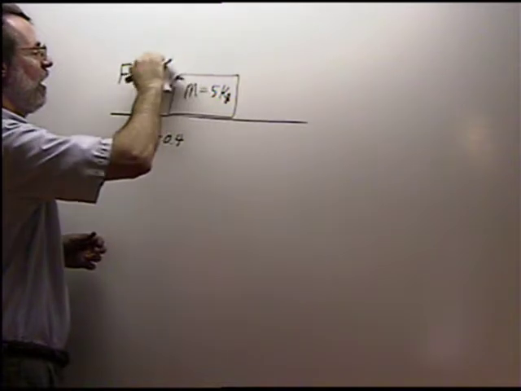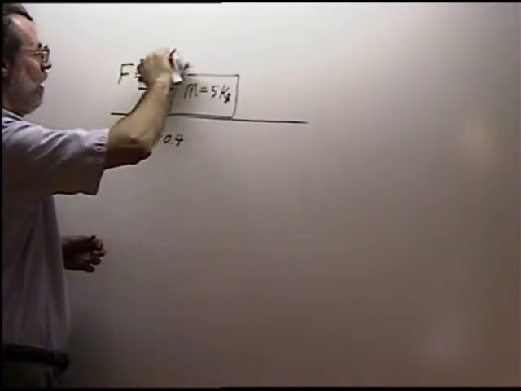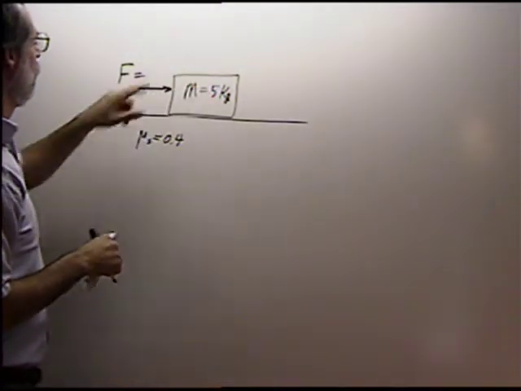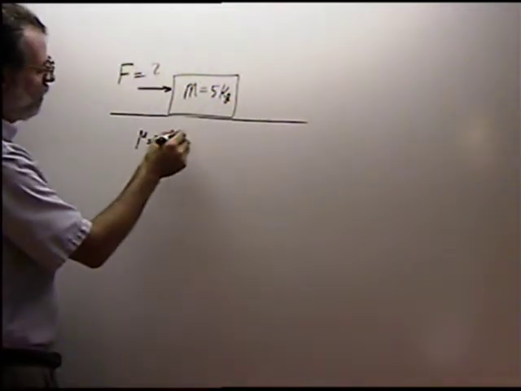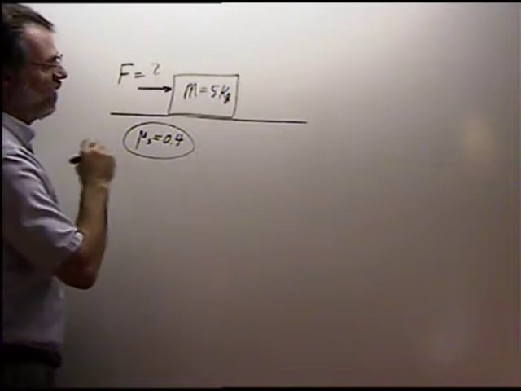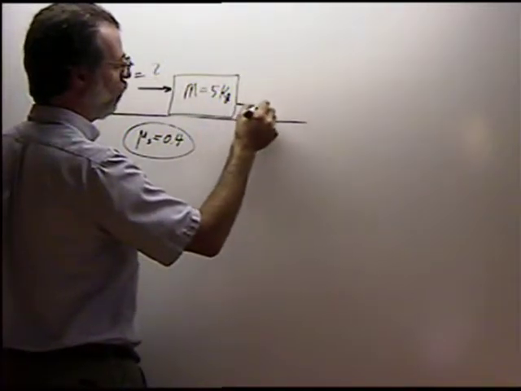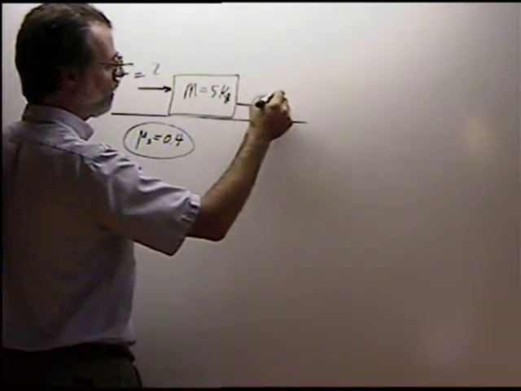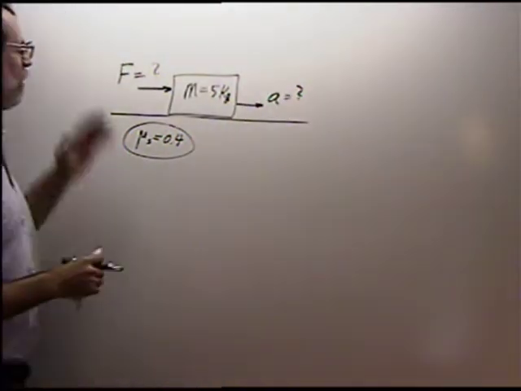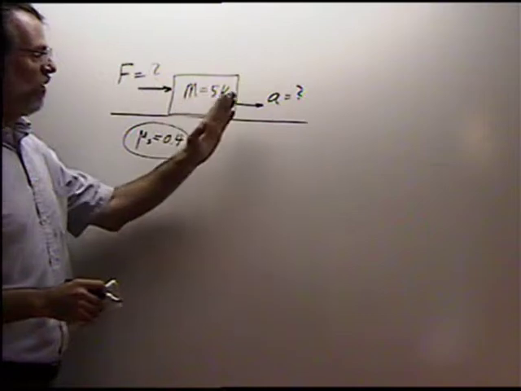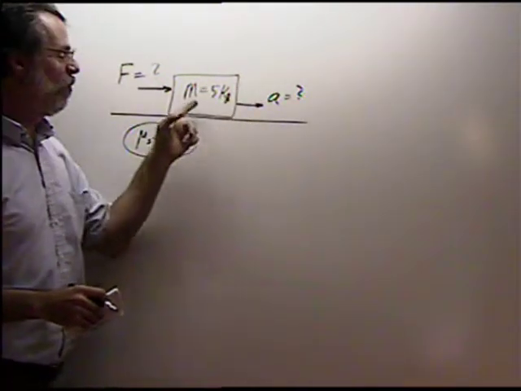Let's say I don't know what this force is, but I do know the coefficient of static friction, and I want to calculate when this object will start to accelerate. How much force do I have to push with in order to just get this box moving?